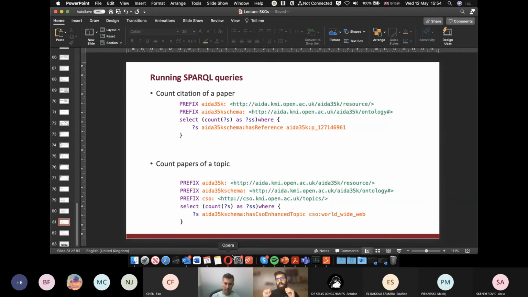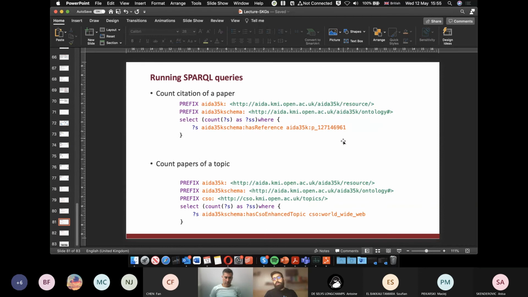To get how many times my paper got cited, I have to be the object, because I received the citation. I have to be the object, and I have to get all the subjects that cite me. Okay, they make a reference to me. So this is why I count all the subjects that reference my paper.